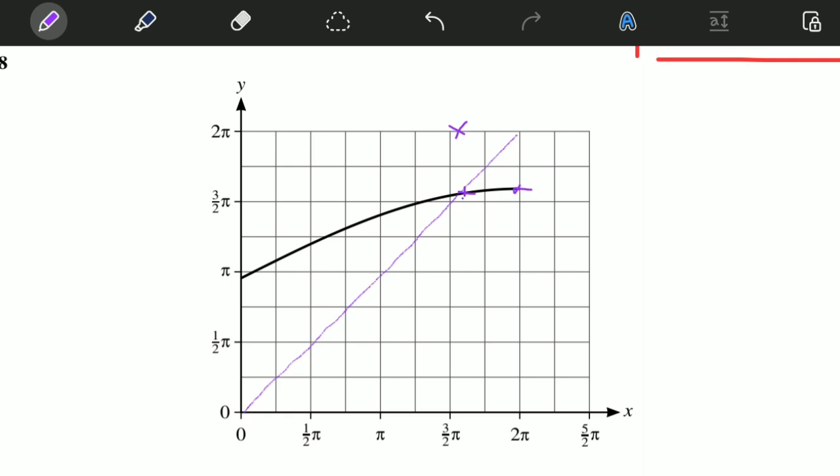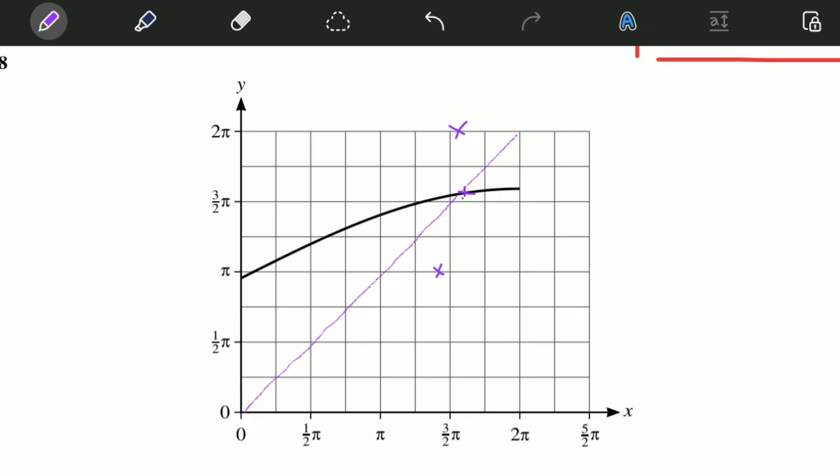Then we will have, at pi, it is just below 3 pi by 2, so here at pi, just below 3 pi by 2, here somewhere.